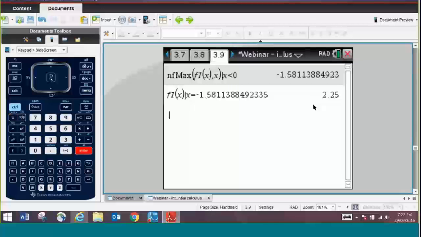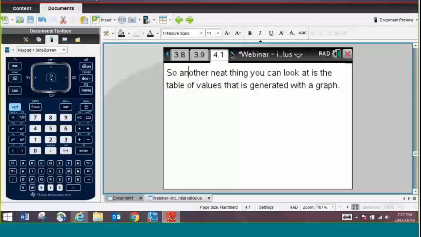And it will tell me the actual maximum value of the function. So I can do it that way. I can also go f1 and just grab that value and put it in, and it will also give me the same result.